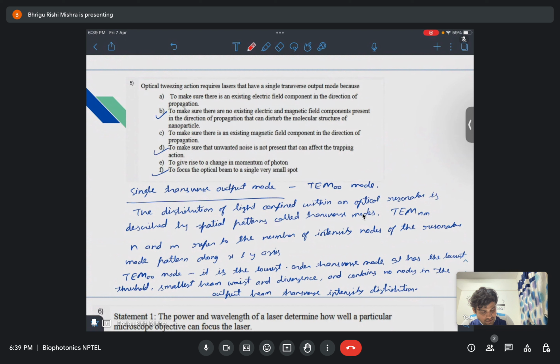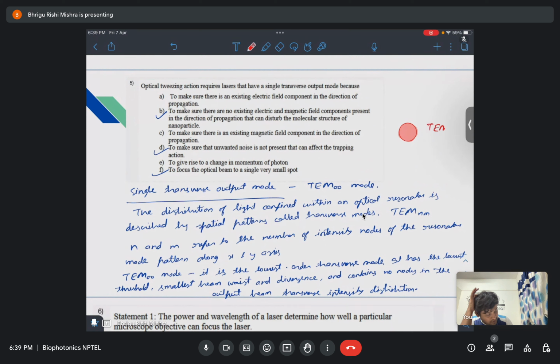So this is the spot, and if I, so it's like this. Okay, it's a single spot.